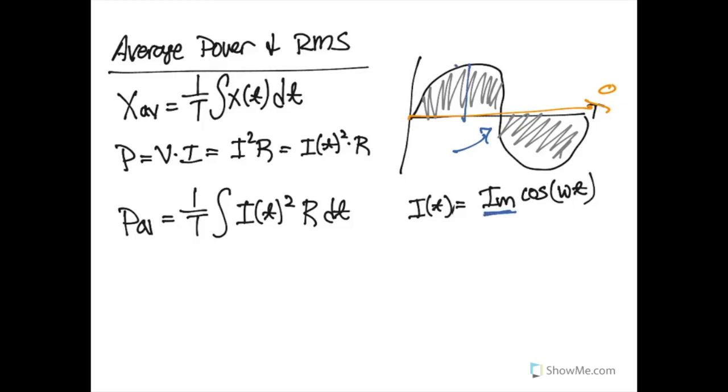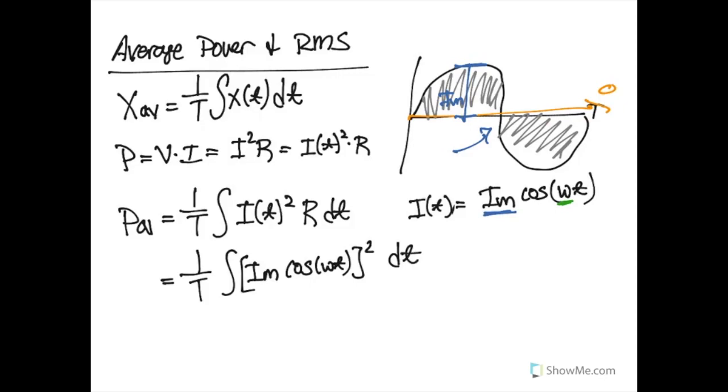If this was a current wave, it would have some magnitude, and we'll call it a cosine function, and it's going to have some frequency. When we plug in our values here, I will replace our definition of I of t. So this would become Im cosine Wt, and then all of this will be squared dt.